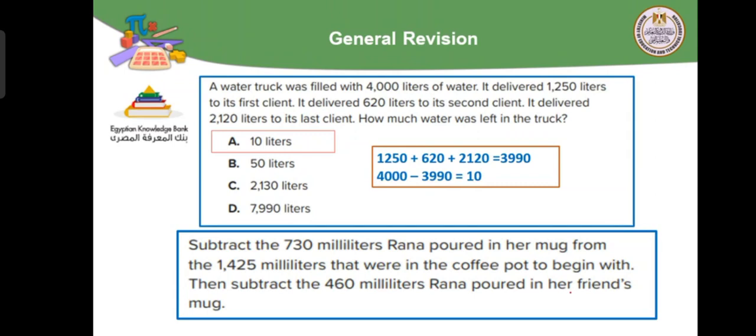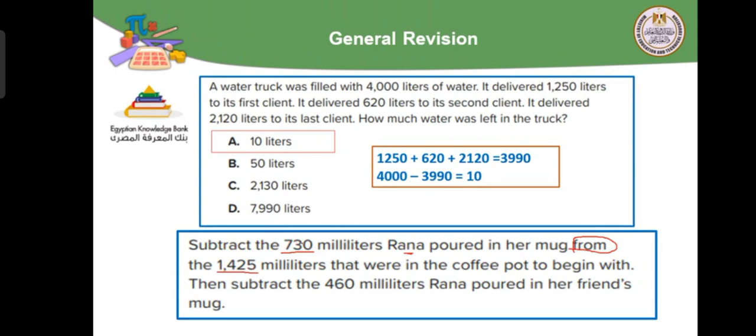So how can I solve this? Look, subtract first what? 730. Okay, who subtracts this? Rana. Subtract from what? From 1,425. So the first step, I make 1,425 minus 730.